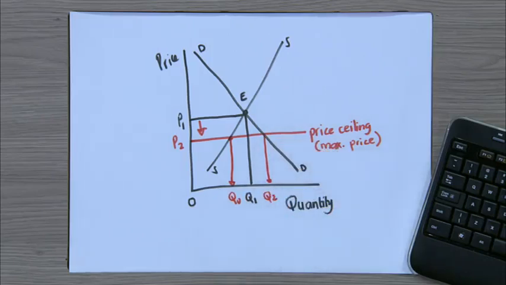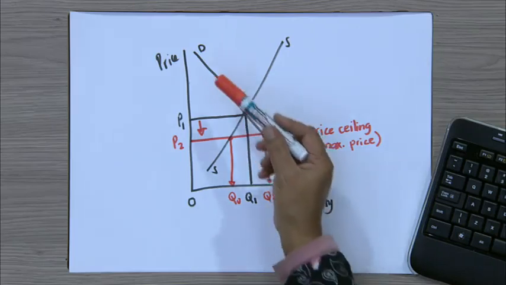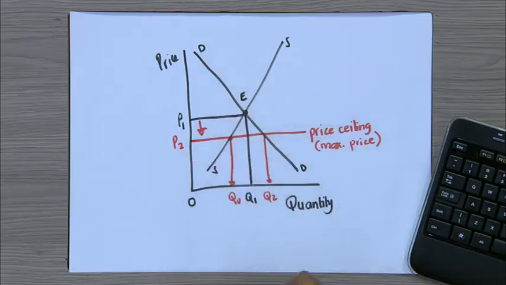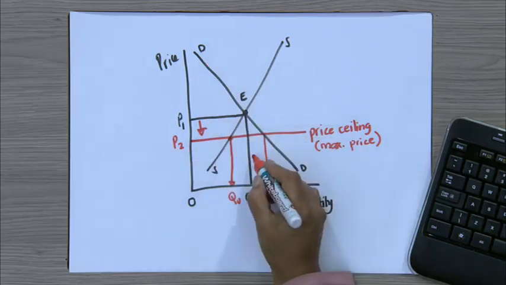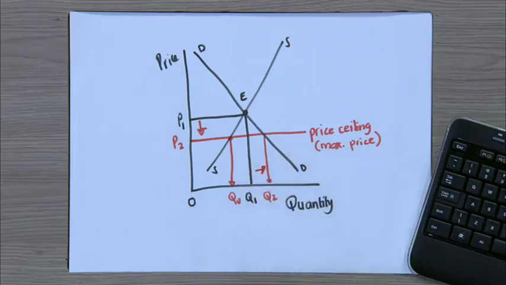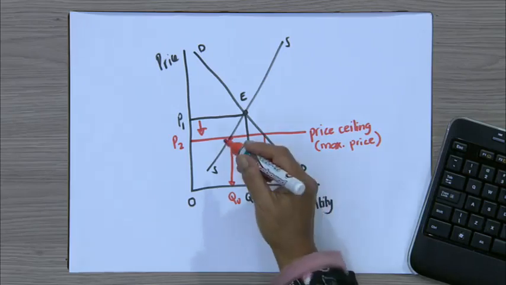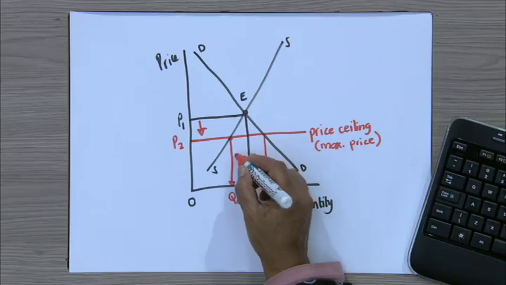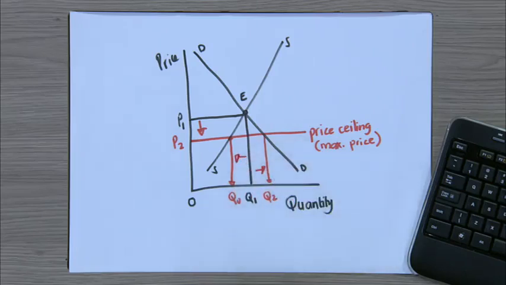So we see that when that price is dropped, as the law of demand says, when the price decreases, more is being demanded. And we see that the demand went from Q1 to Q2. But the law of supply, on the other hand, says that when price drops, supply will decrease. So supply decreases from Q1 to Q0.